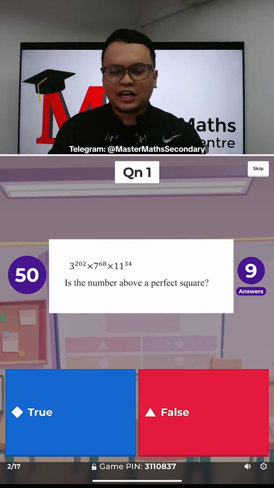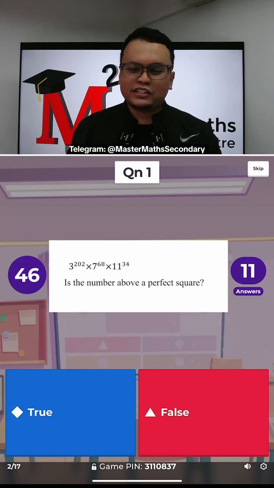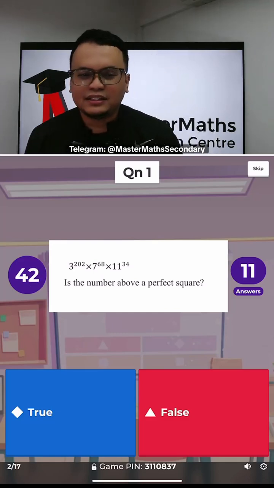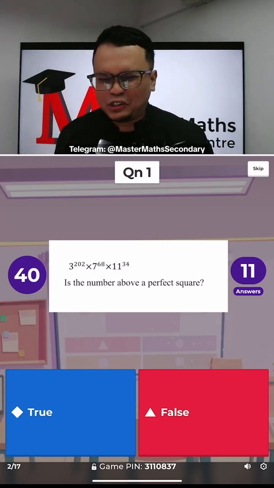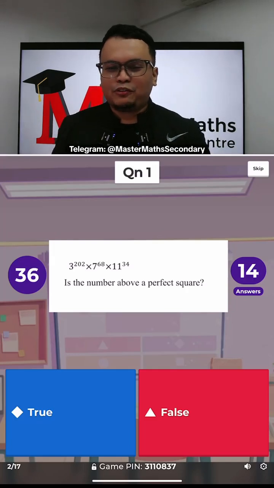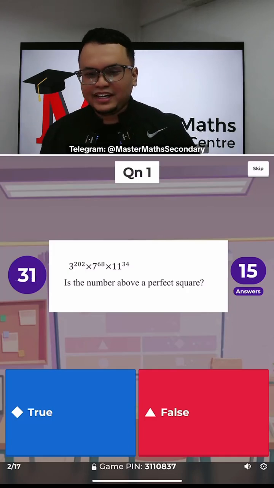Okay, I don't think your calculator can help you, right? You don't actually need your calculator in the first place. Even if you have a calculator, in this context, it might not be very useful. You can try punching it into the calculator, but it's a very big number, so I don't think it will help.